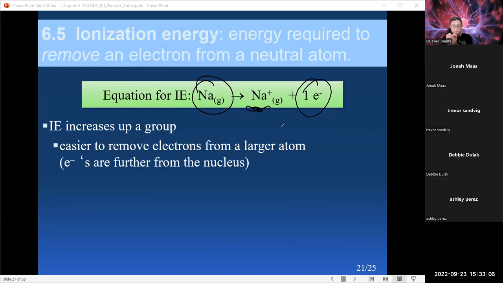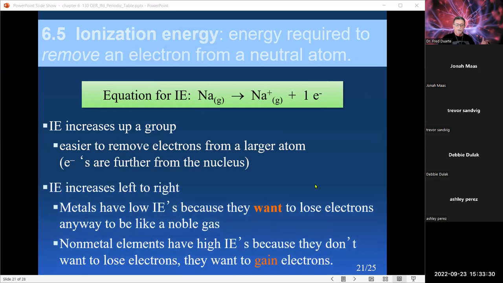So those electrons are being held on much closer in the same period than those on the left side of the period, which tends to go into the metals. So we would anticipate the ionization energy for non-metals to be much greater than for metals.